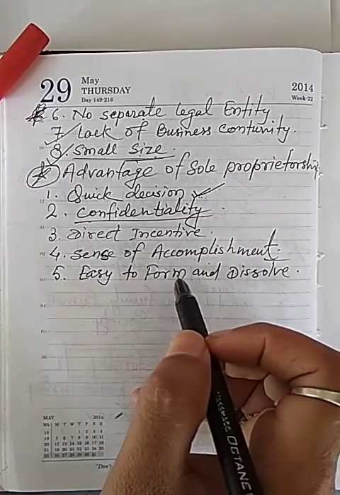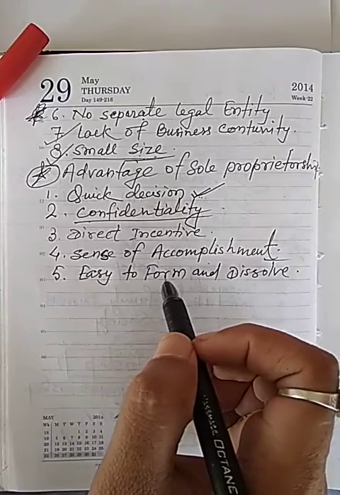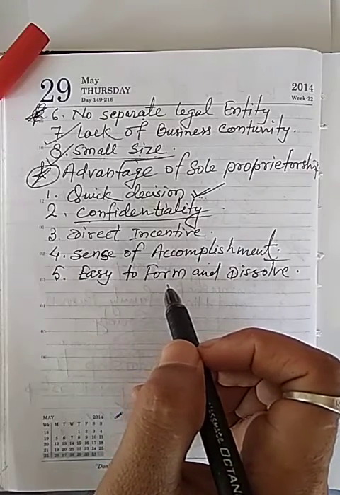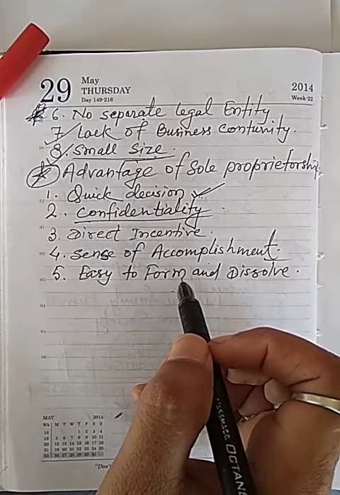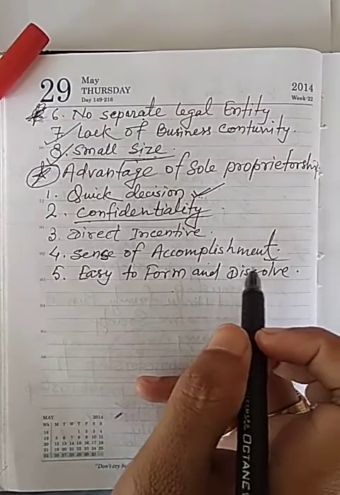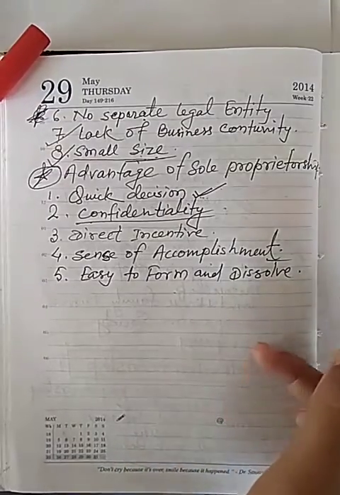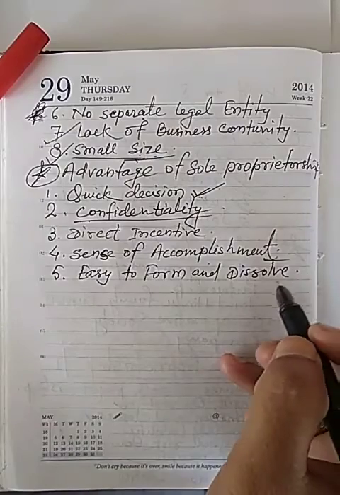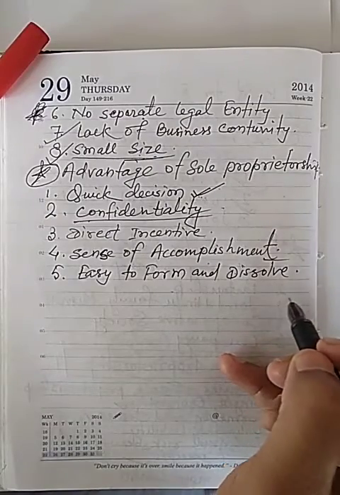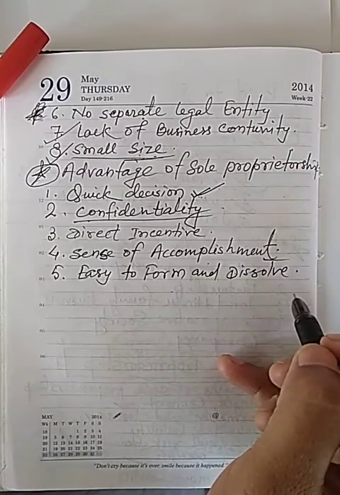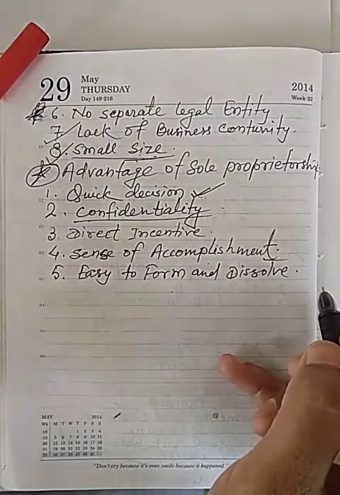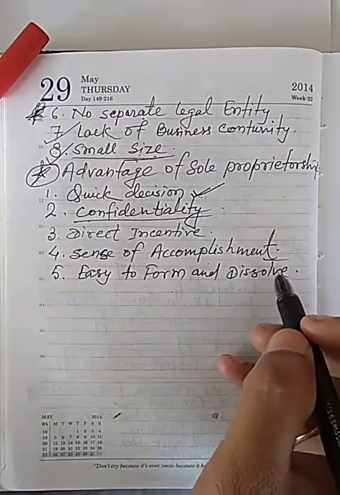It is not governed by any specific laws. The sole proprietor can close the business, means dissolve the business, whenever he desires without any legal formalities. It can be closed by paying back its debt.